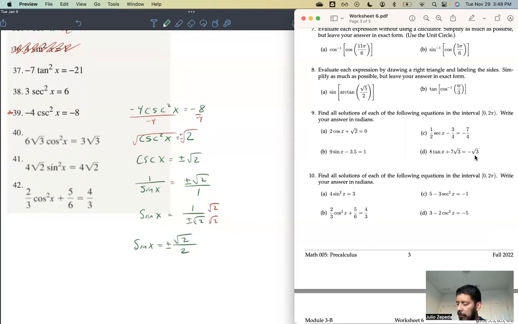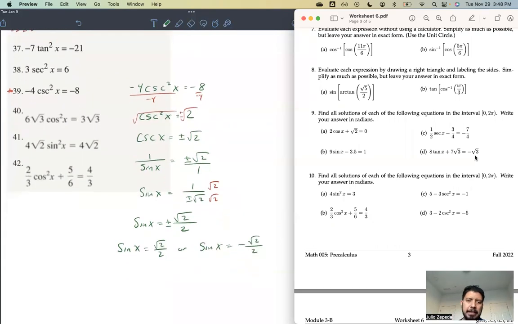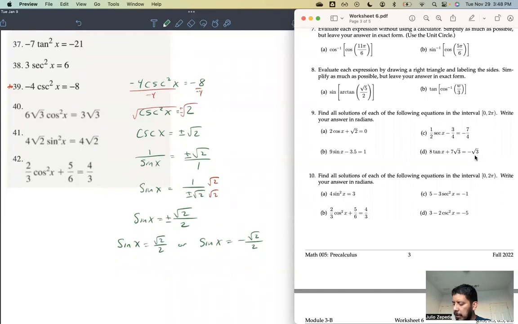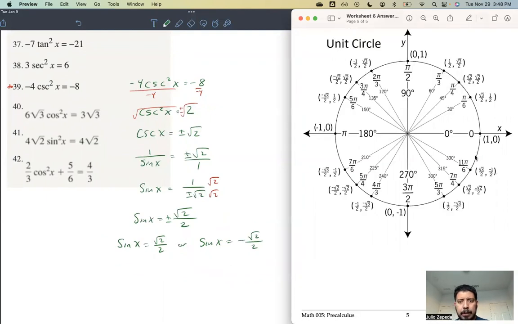So basically, we're looking for all values of x, all angles, where the sine is the square root of 2 over 2, or the sine of x is equal to negative square root 2 over 2. That is not too hard to find. There are 2 solutions to this equation and 2 solutions to this equation. Let's find them on the unit circle.